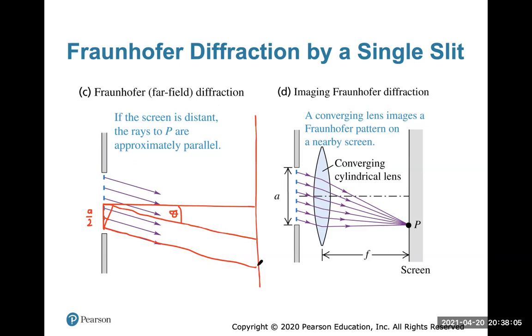It doesn't look like they're both hitting the same point, but if we put the screen far enough away that these two rays are essentially parallel, if the path difference is a over 2 sine theta, if that were half integer wavelength, m plus half lambda, we would get destructive interference of these two rays.